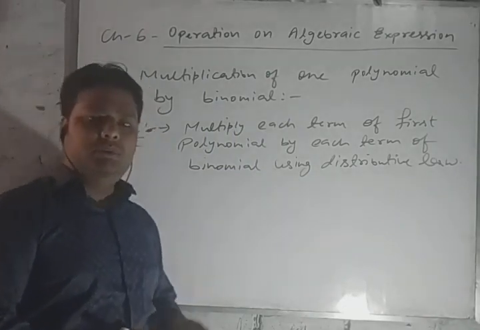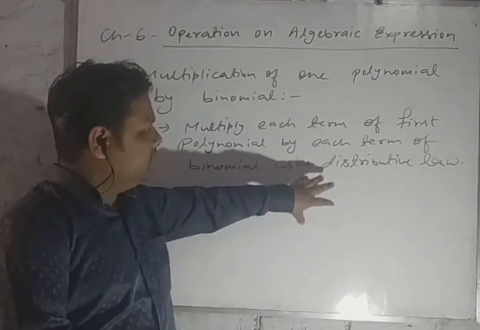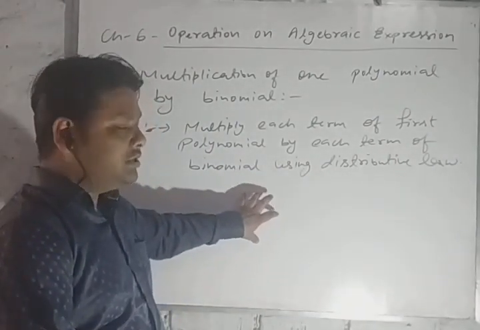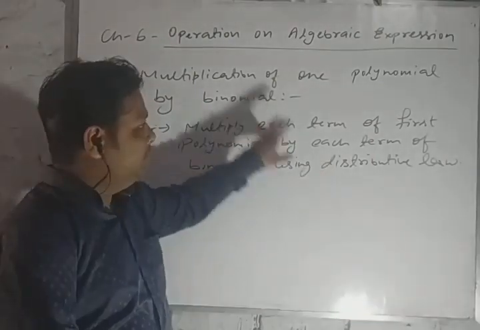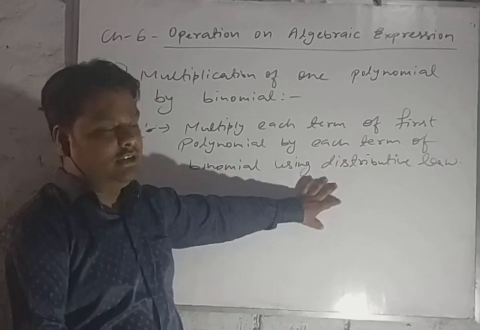In previous classes we have discussed how important the distributive law is, and now you are seeing that in every rule we are using the distributive law. So it is a very necessary law here.